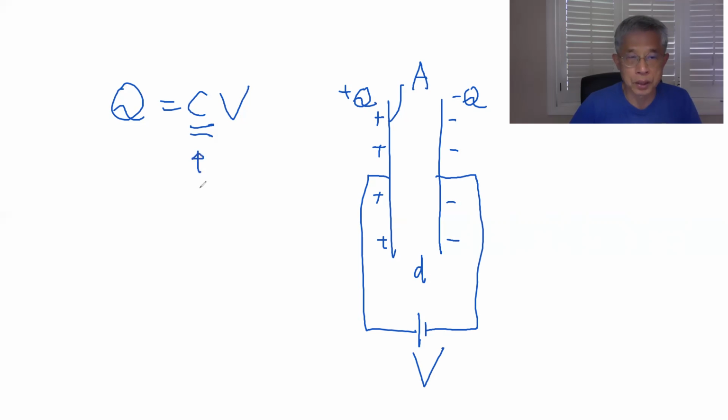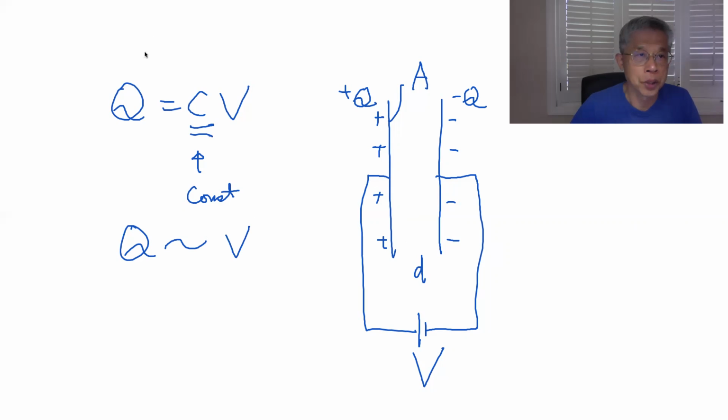So if we say this is constant right now, so we don't change the material in between here, so this is just air right now, then Q is proportional to the V. So putting larger V would actually have more charges here.